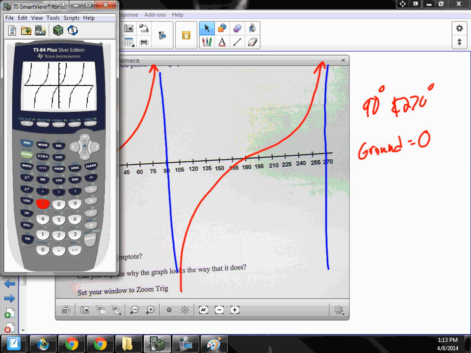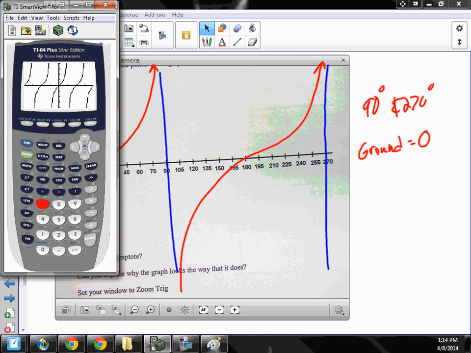Tangent of x. Now, some of you might not like how slow your calculator graphs, and if you're doing most graphs, you can turn up, it says turn up the resolution, which is not really the right way to put it. Zoom trig.